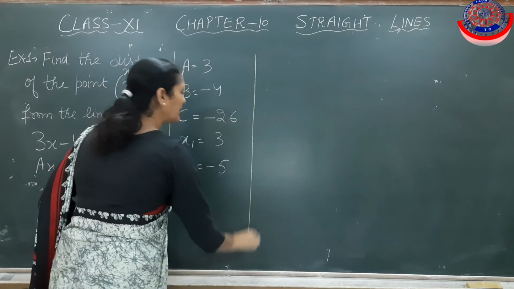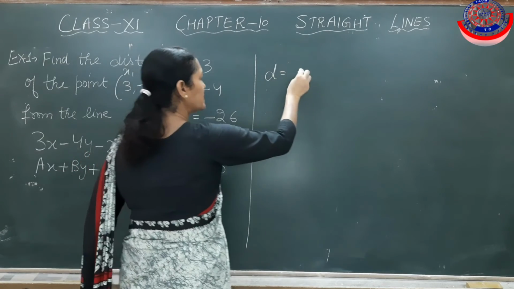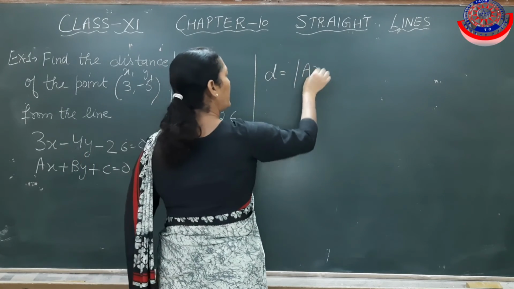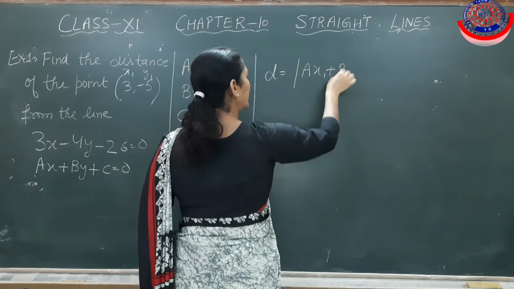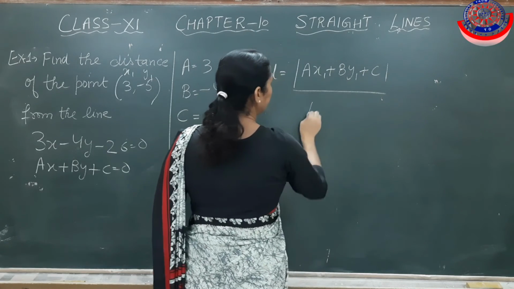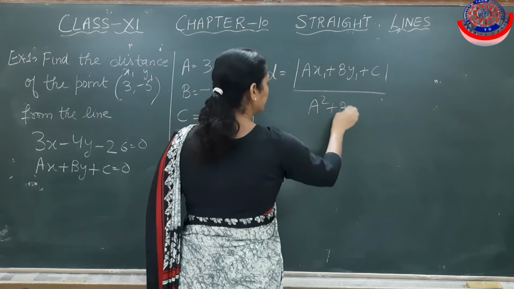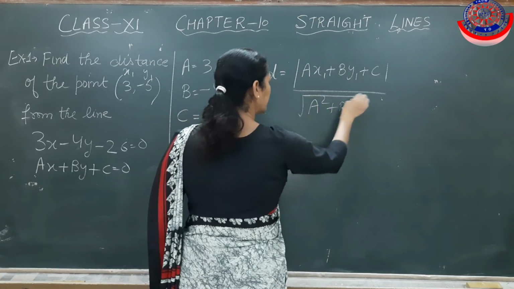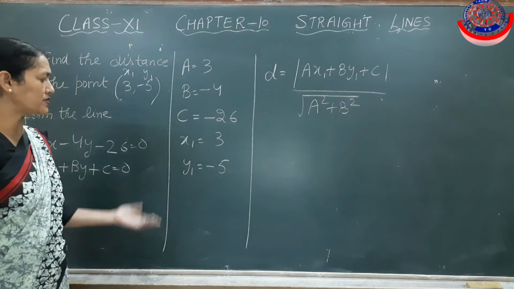And what we have learned in the formula, the distance of a point from a given line can be obtained as this. Now start inserting the values.